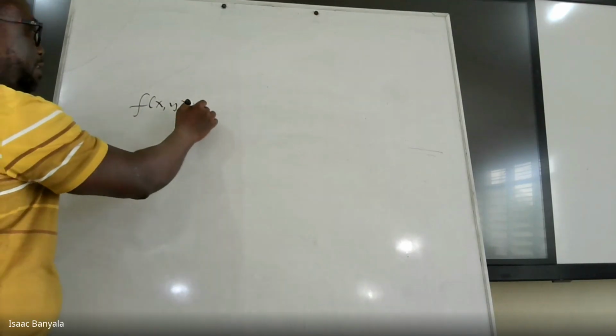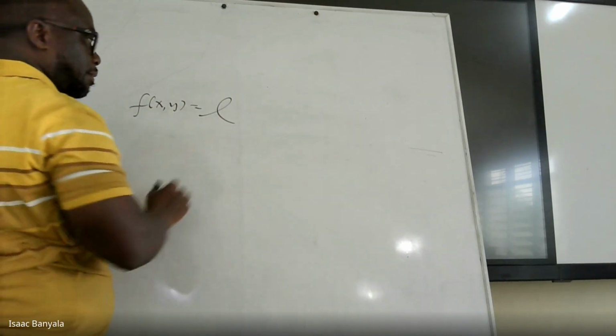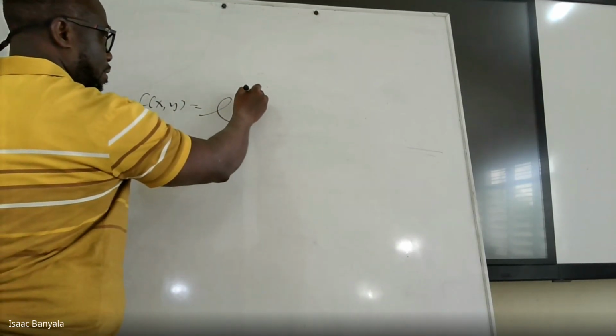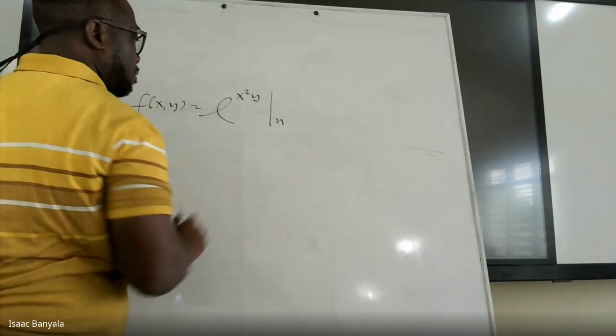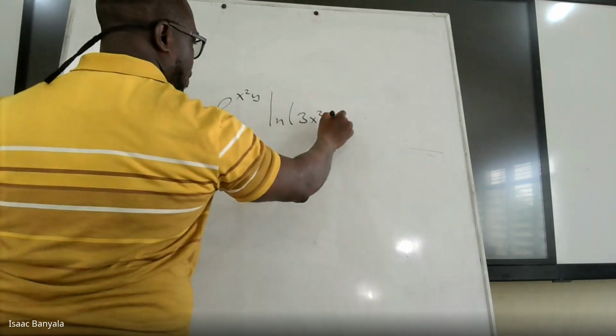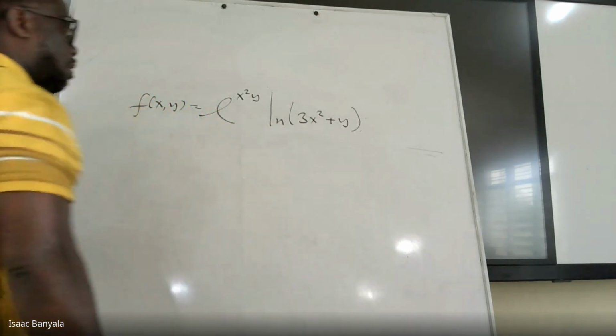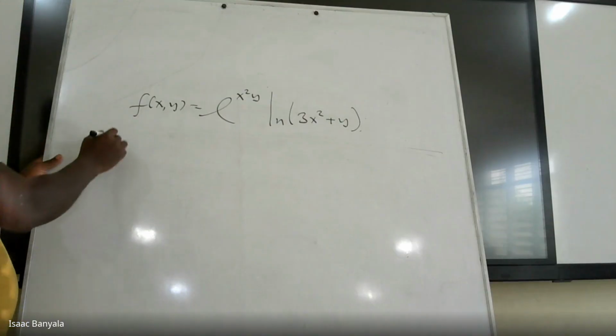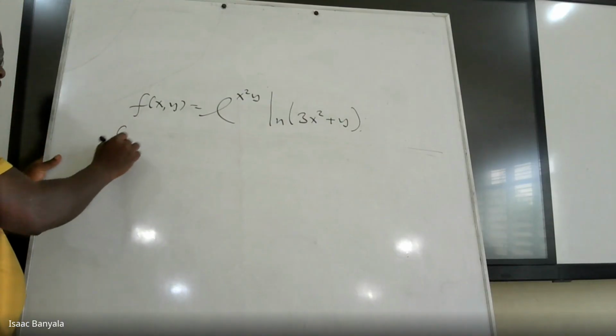So we are given f of x, y: e exponent x squared y times ln of 3x squared plus y. Now we are supposed to find f of x.